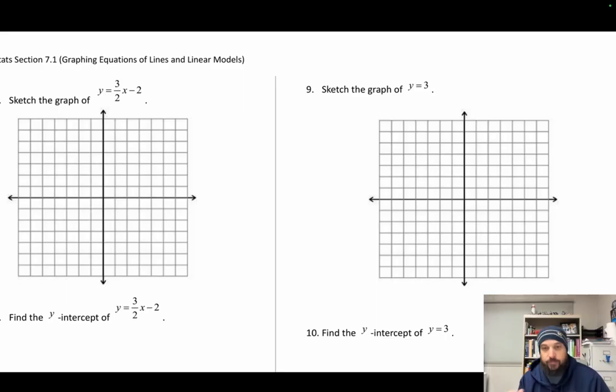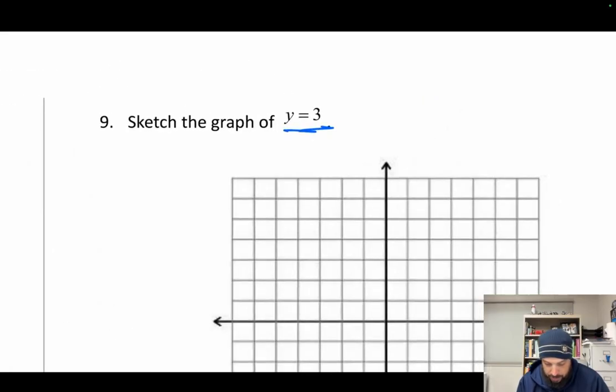Now 9, some students freak out and say it looks so different. We're still y equals, just like we are on all the previous ones, but there is no x in there. But if we put this into our y equals mx plus b form, the b is still our 3, and there is no x, which then means m has to be what?